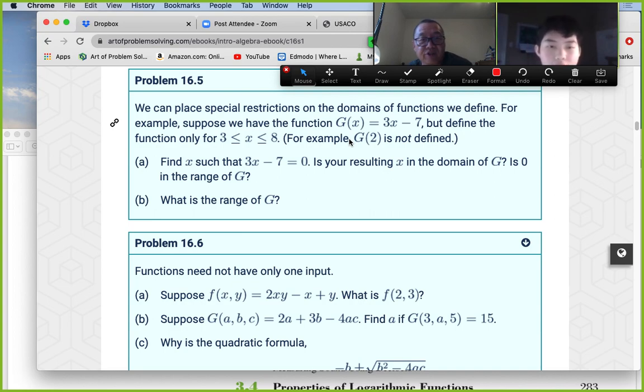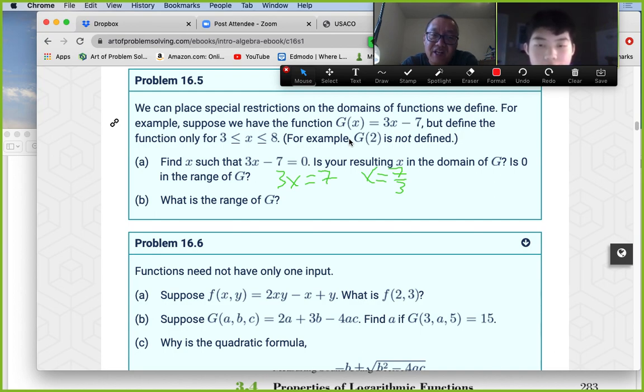Okay. So first, can you solve 3x minus 7 equals 0? Then what is x? Yeah, solve that. Okay, you get x equals 7 over 3, right? So then they ask you, is your resulting x in the domain of g? No, because it's less than 3.